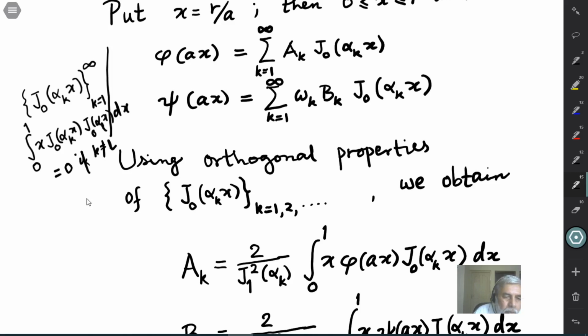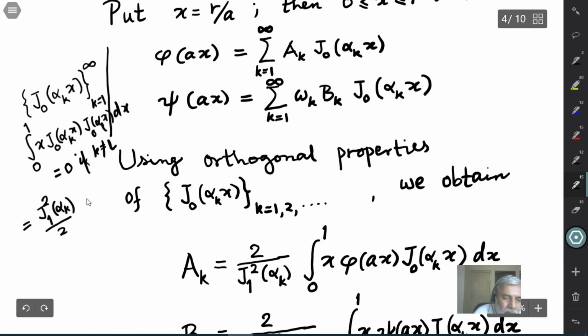When k is equal to l, this is expressed in terms of the Bessel function of order 1. Let me write that separately.